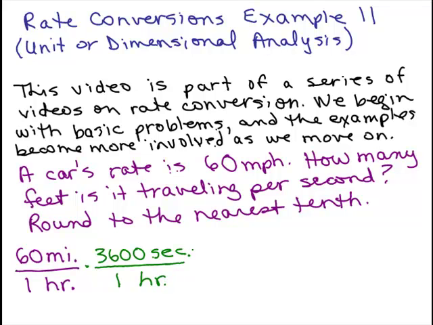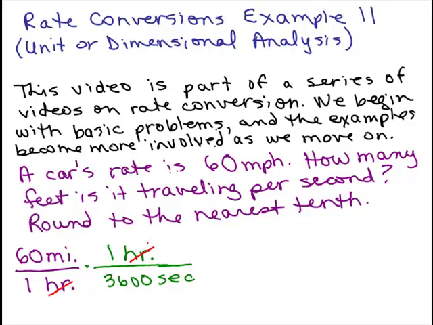So you've got 3,600 seconds is the same as 1 hour. Oops, I want the hours to cancel, so I've got to do it the other way around. So we've got 1 hour is the same as 3,600 seconds. Be careful, you don't want hours in the denominator twice.